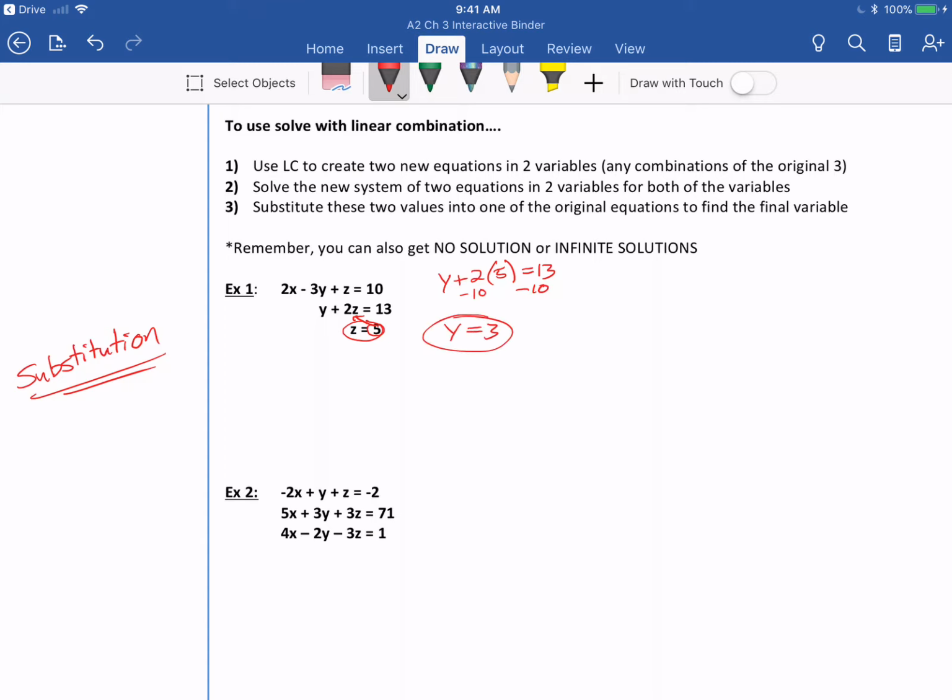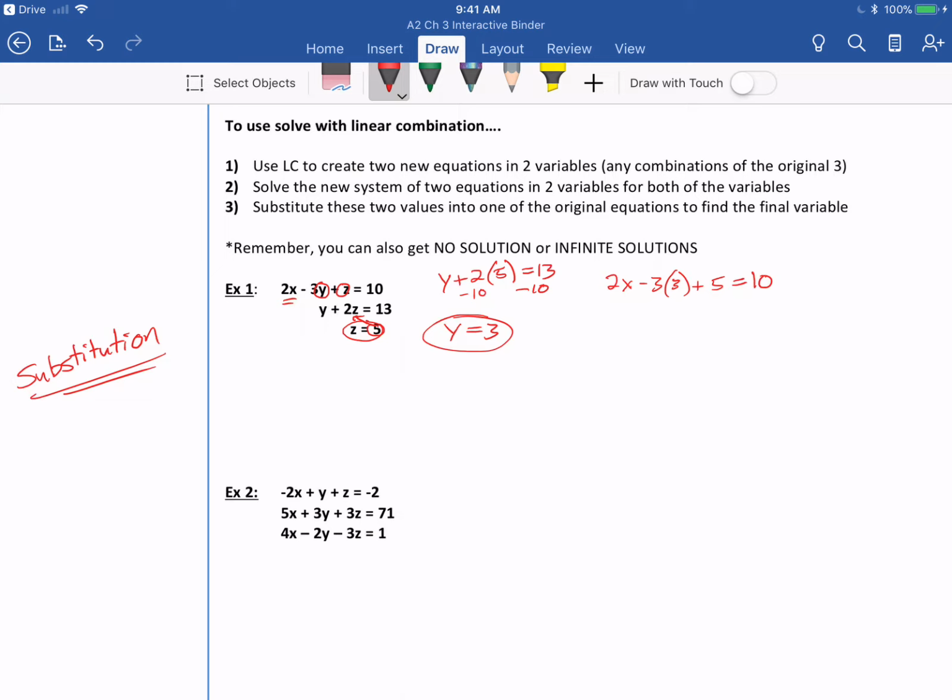Now I know my y is equal to 3 and my z is equal to 5. Now I just have to find out what that x is, and to do that I have to plug my y and my z into this top equation and solve for x. So now I have 2 times x minus 3 times my y, which is 3, plus my z, which is 5, is equal to 10. All I did there was plug in z is 5 and y is 3, and I just went on up those equations.